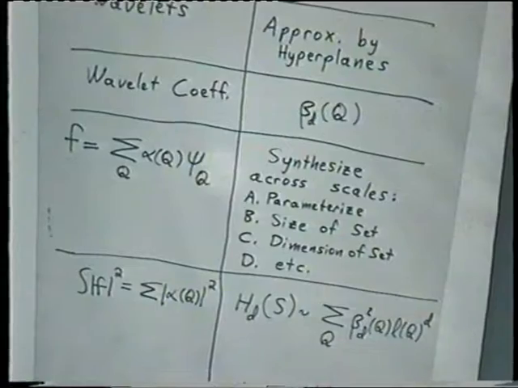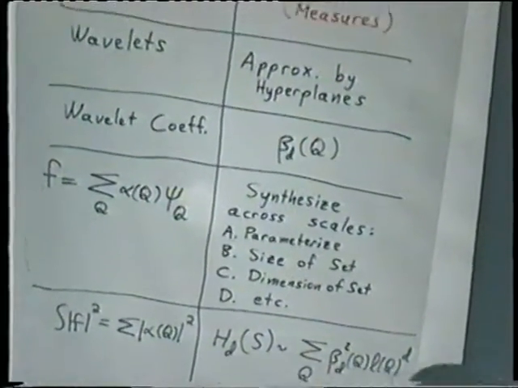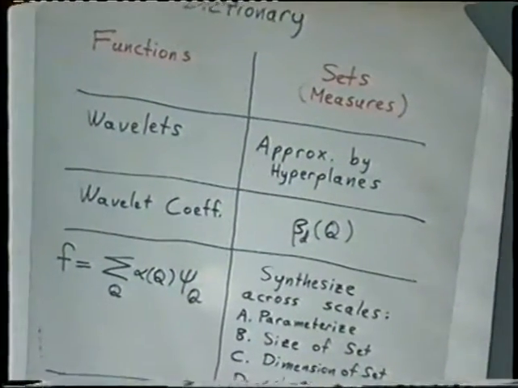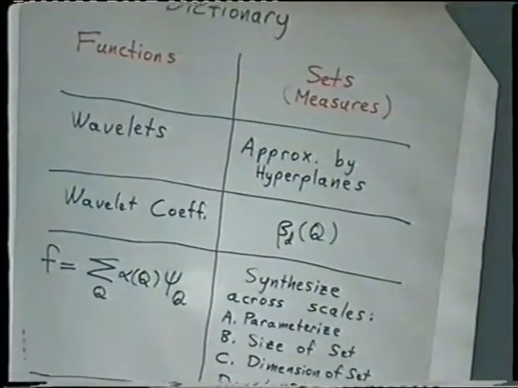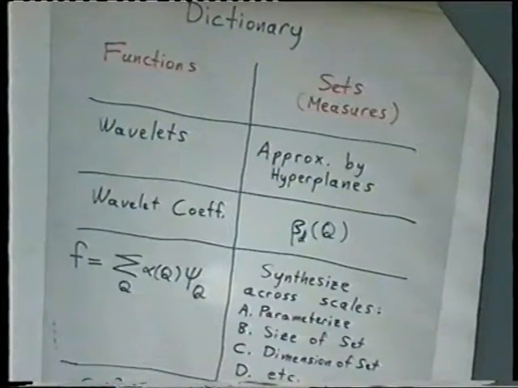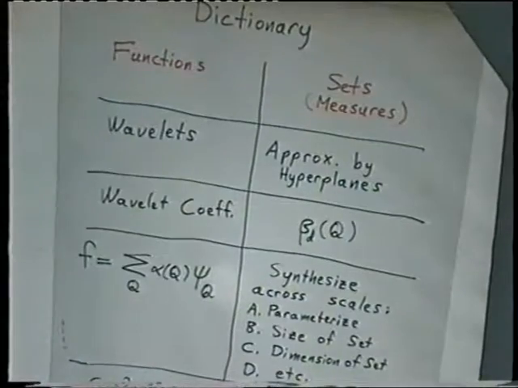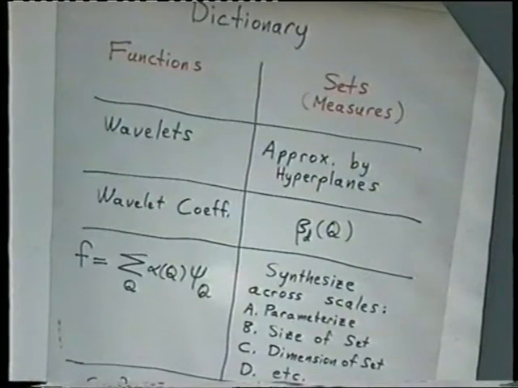Now, on the other side, you have sets or measures. So what do I mean by measures? You can think of a measure as giving a set. That's the support of it, in whichever sense you mean. I'm actually going to be talking not about a topological support, but a measure theoretic type of support.